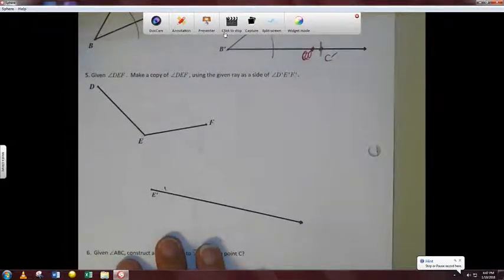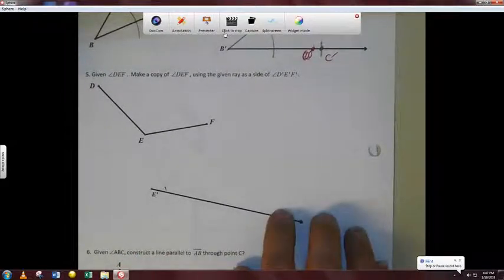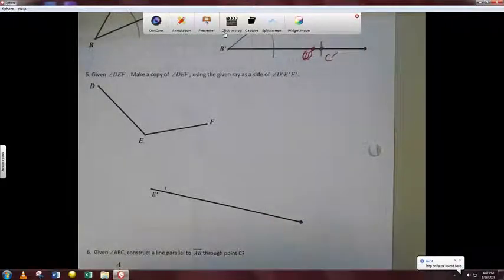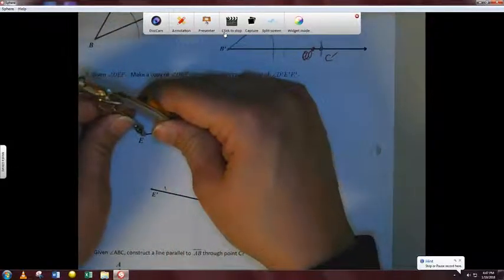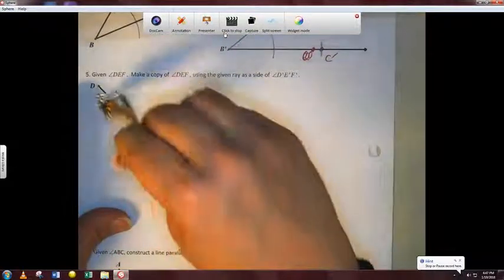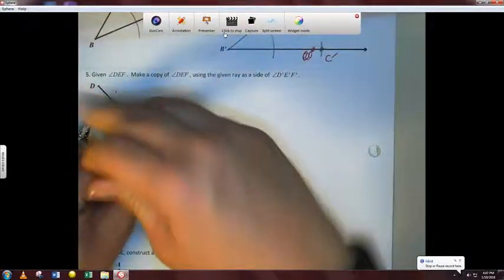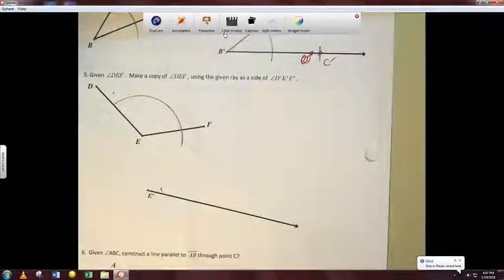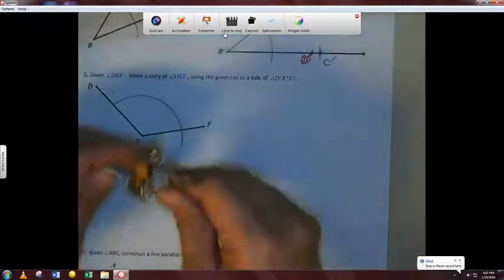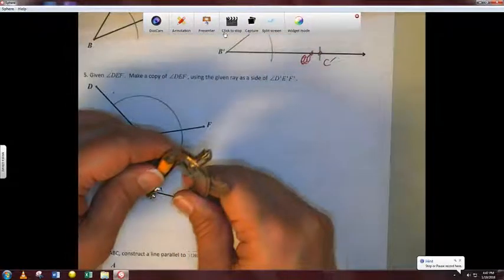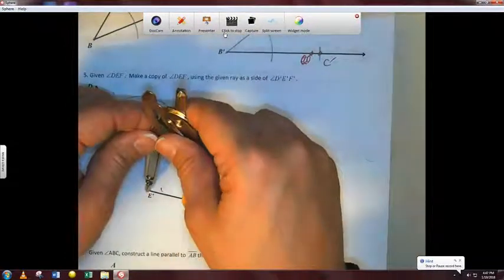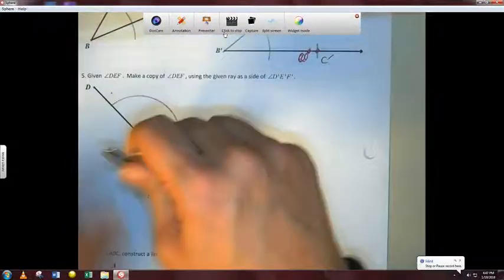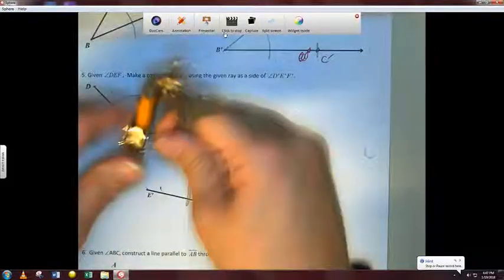All right, and then you would do the same thing for number 5. You're going to just do an angle copy. And then measure, this is an obtuse angle, so I want to make sure I go far enough.